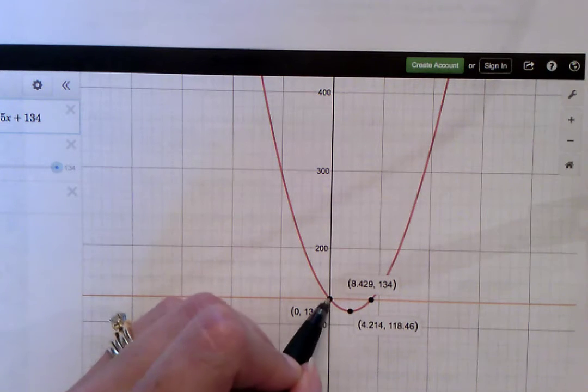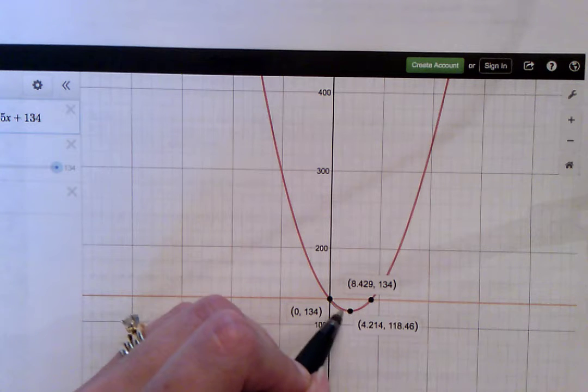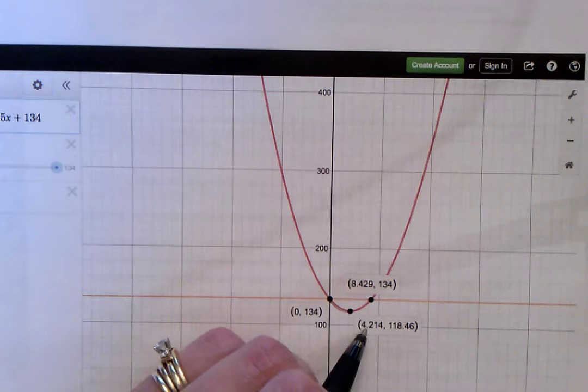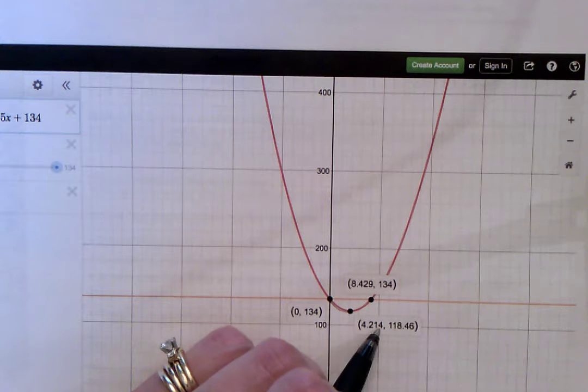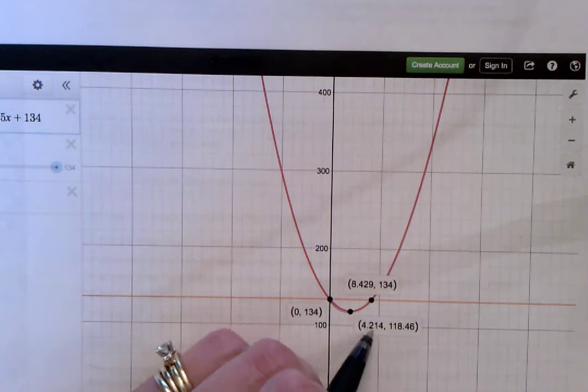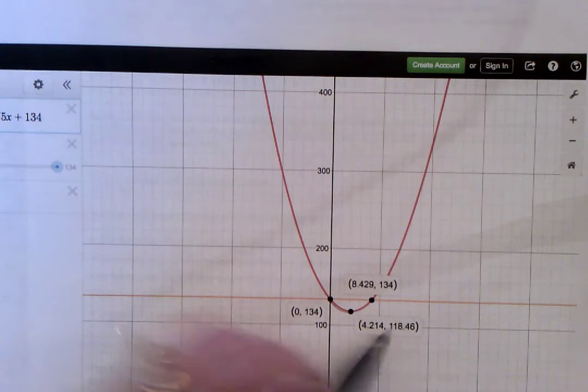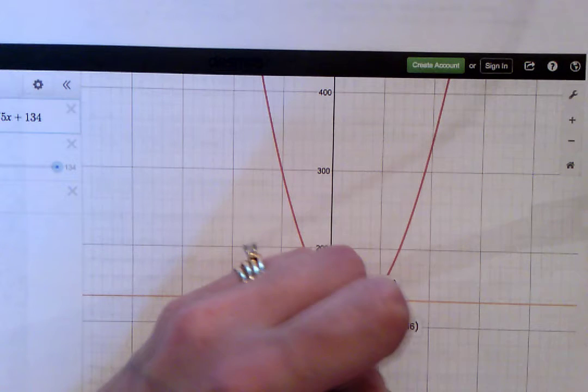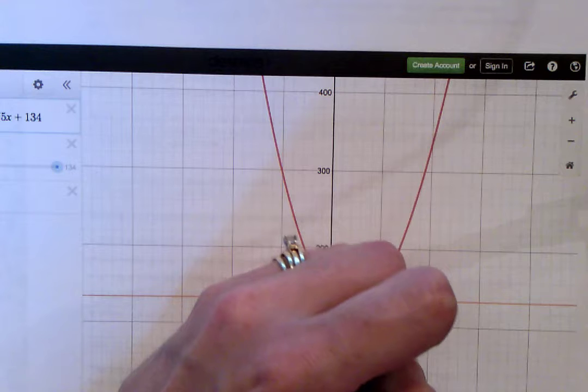So from when t equals 0 all the way to when t equals 4.214, because remember, this is the first value. That's going to be your time, and this will be your value. So this is time, and this is the value of your home.